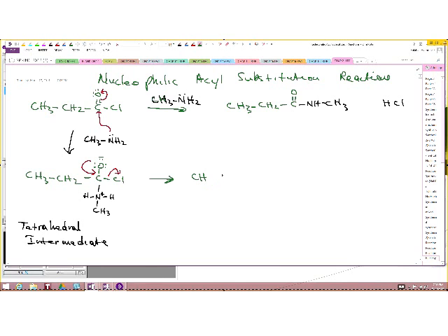And then you have this. Of course, now the chloride is here.